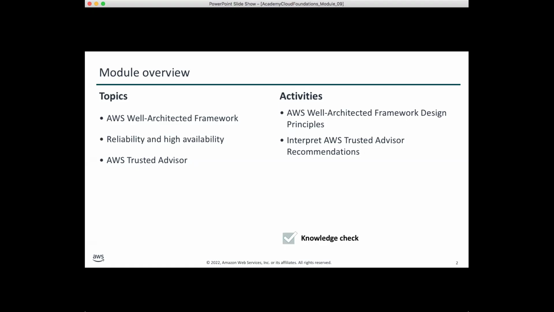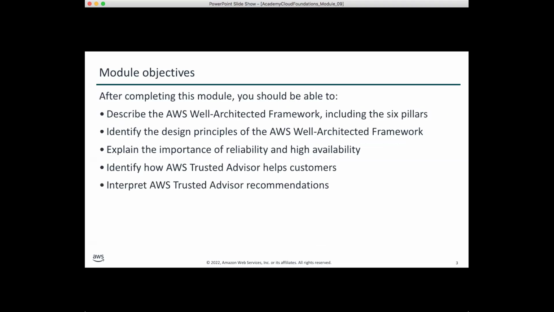We'll also look at a few things, such as how to read the recommendations from AWS Trusted Advisor. Obviously, at the end of the lab, as you have always done, you will complete the knowledge check. Right.